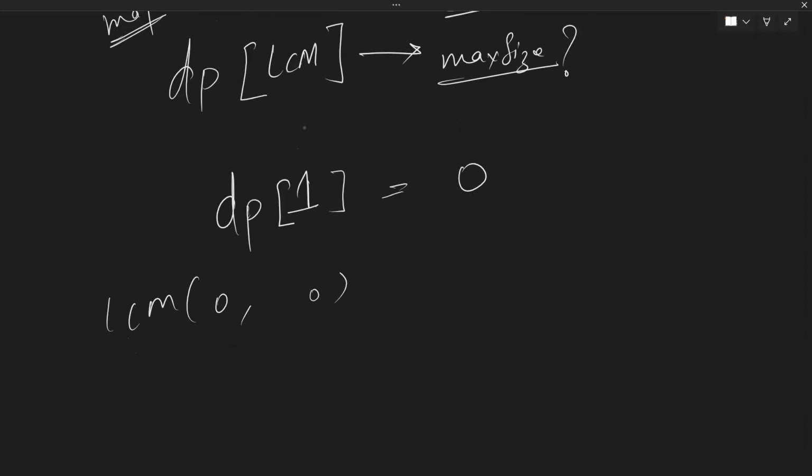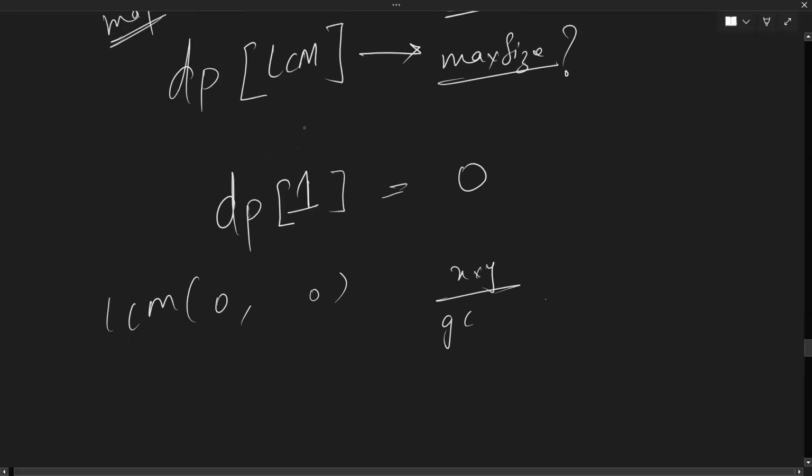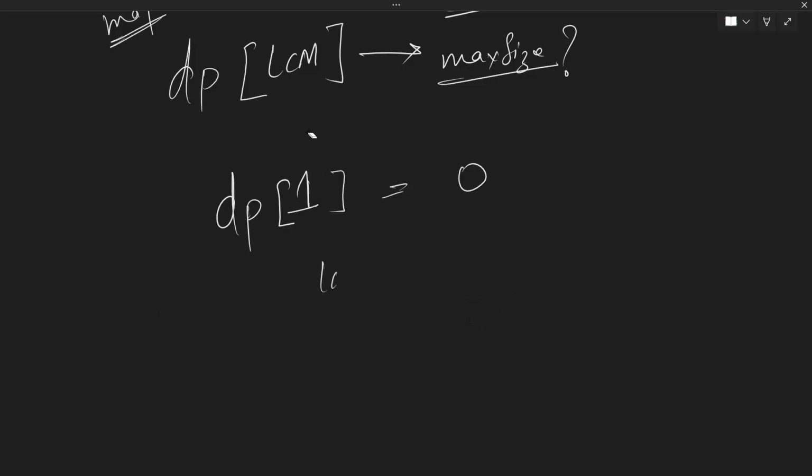It can be 0. I'm not sure if it is calculated like X times Y upon GCD. I'm pretty sure that GCD of 0 and X is X, and I think LCM should also be X, but I'm not sure. Anyway, I used DP of 0 as 1. If you're getting the LCM of 0 as 0, you can use 0 also.